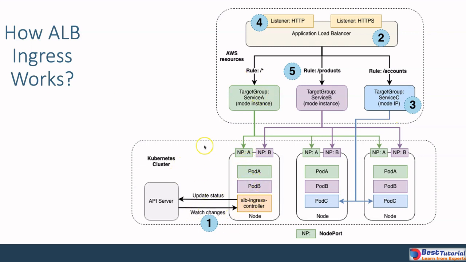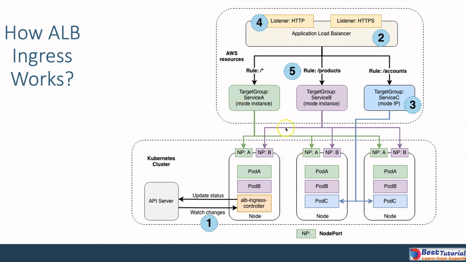Another important thing in your Ingress manifest is listeners. Whatever listeners you specify for your application load balancer, which is 80 or 443, whatever you define, those listeners will also get created in your application load balancer.